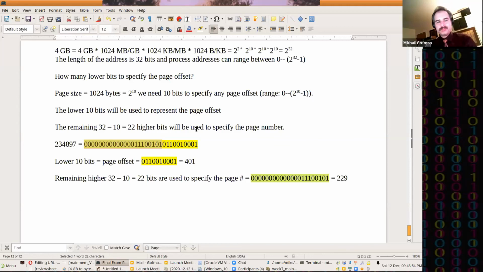I like it too, because it's very simple. The power of 2 tells me how many bits I need.